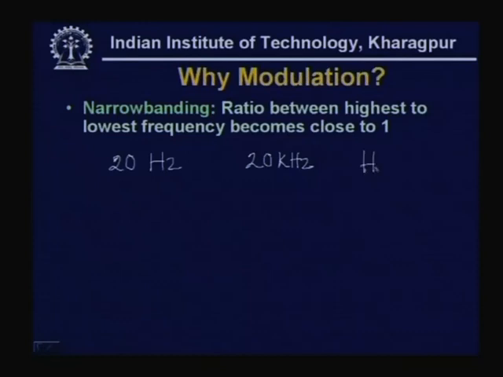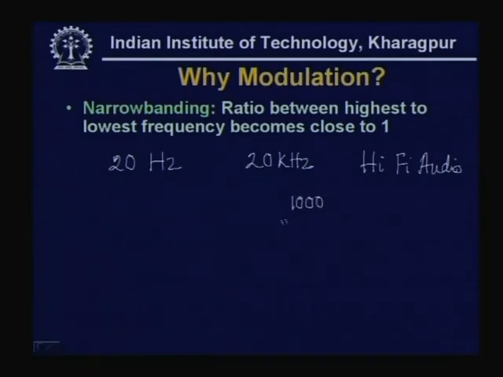So, you can say hi-fi audio. Obviously, you are sending music and other things. So, you see the ratio of the highest frequency to lowest frequency is quite high. That means, the highest frequency is 20 kilohertz and the lowest frequency is 20 hertz. The ratio between highest frequency to lowest frequency is 1000.